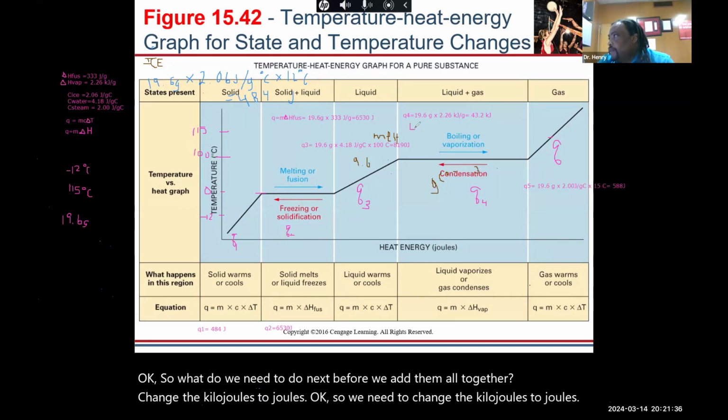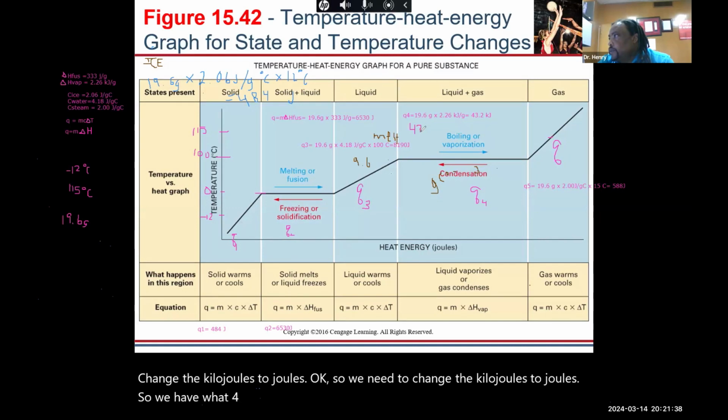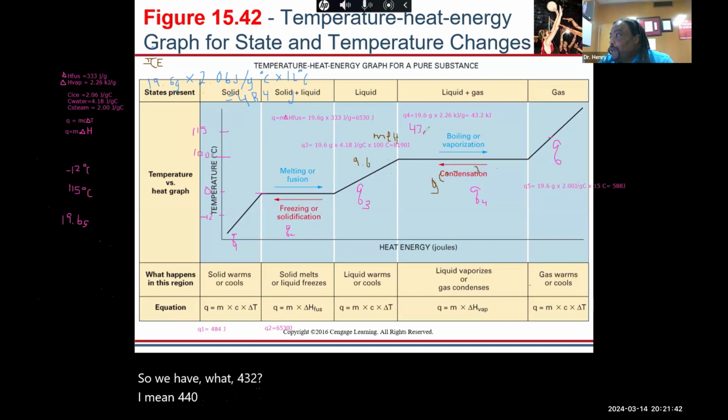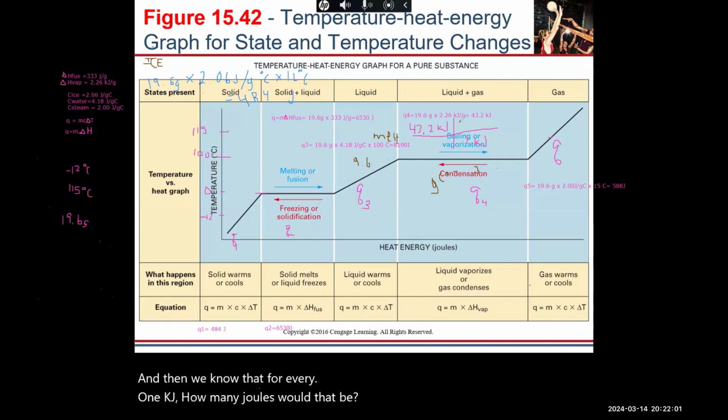We have 43.2 kilojoules. For every 1 kilojoule, how many joules would that be? 1,000.